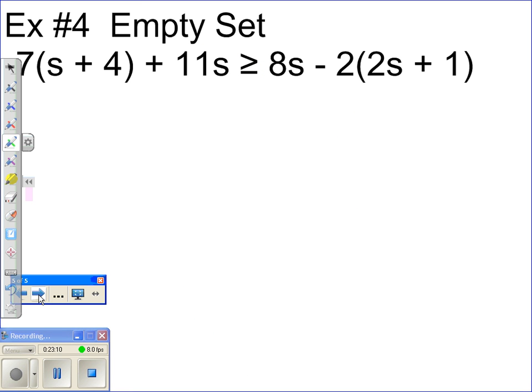Empty set. I'd like you to do the first line. Please do the distributive property for this example. Do the distributive property only.